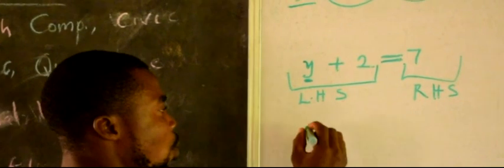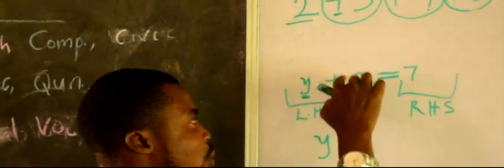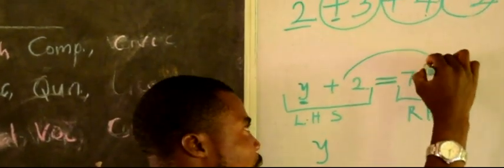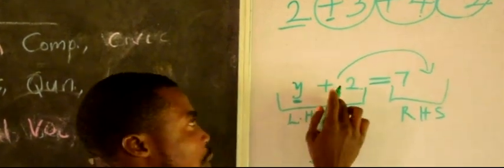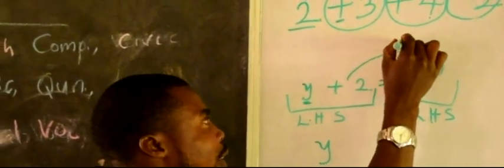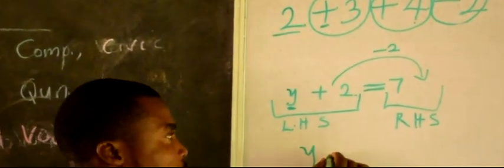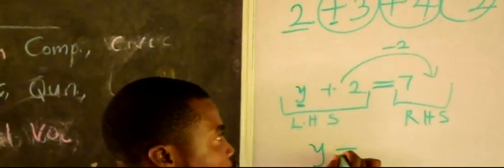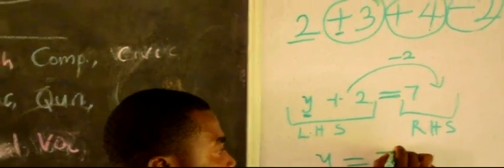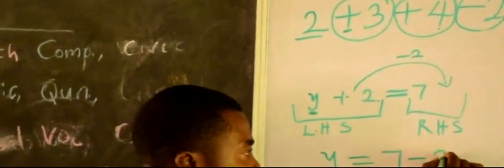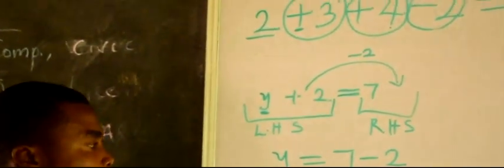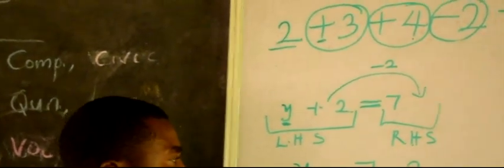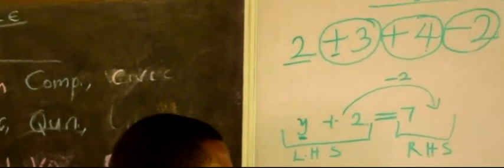That is why this one has transferred to this place, and it will change to minus 2 to become 7 minus 2, which is why 7 minus 2 gives us 5.